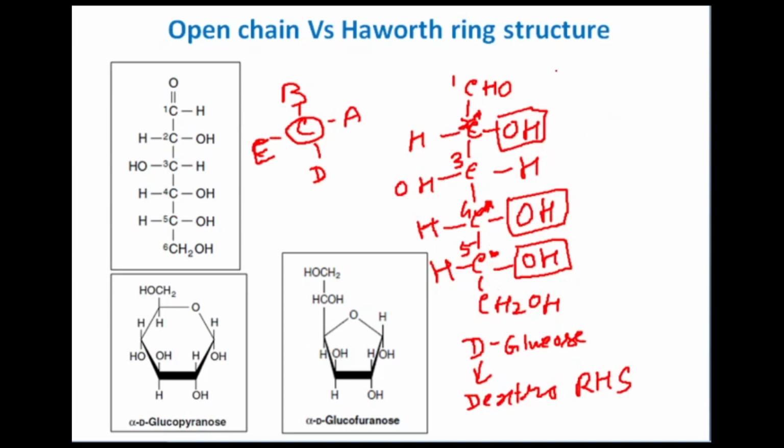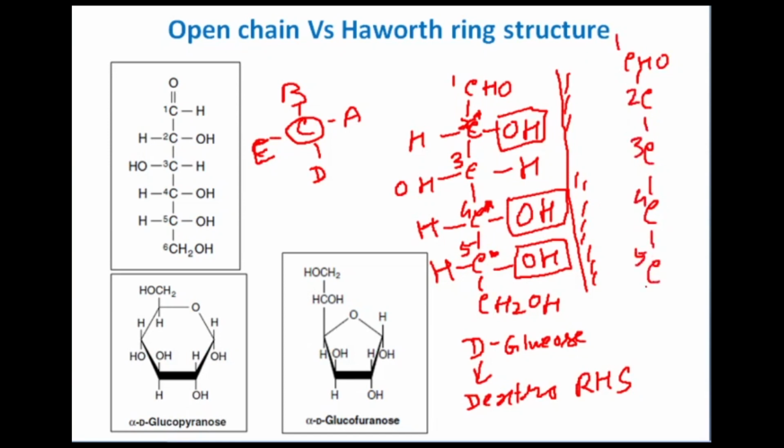Then if you just take the mirror image of it, suppose this is the mirror image, then you need to draw the reverse of it only. CHO, this is carbon number 1, 2, 3, 4, this is fifth carbon, and this is the sixth carbon, CH2OH.